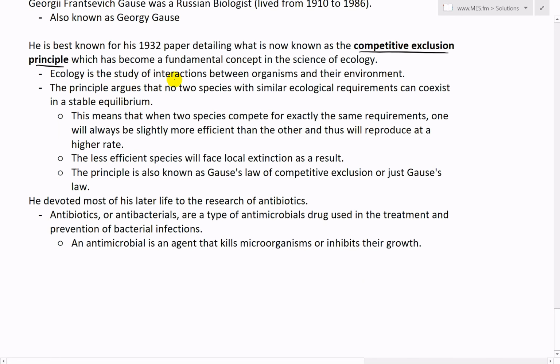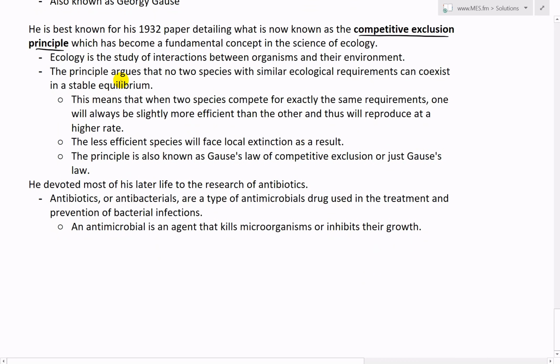Ecology is just the study of interactions between organisms, just living things, and their environment. And this competitive exclusion principle argues that no two species with similar ecological requirements can coexist in a stable equilibrium.